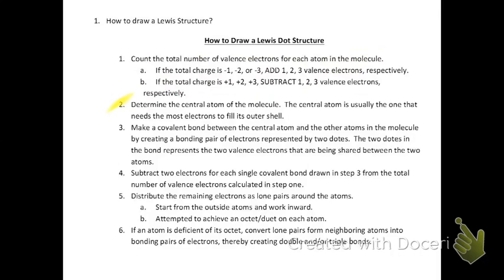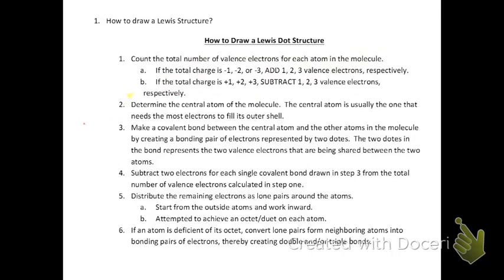You remember the goal for atoms is to have complete outer shells, to fill them. And the magic number is 8 and 2. Most atoms need 8 valence electrons to have a complete outer shell, and some of them need only 2. All right? So the element that needs the most electrons goes in the central position. Okay?